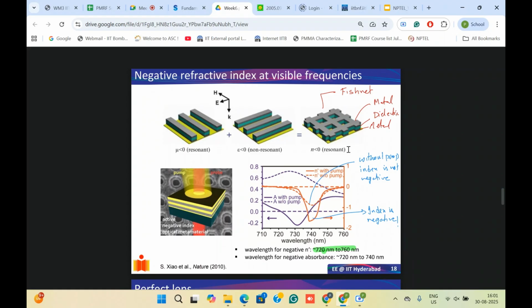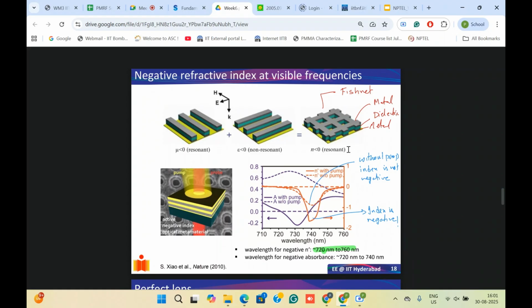If we have the example of an active negative index optical material, active means I'm pumping, giving extra energy to a material with some gain. Without pumping, the index is not negative. So we need not fabricate the structures again and again.